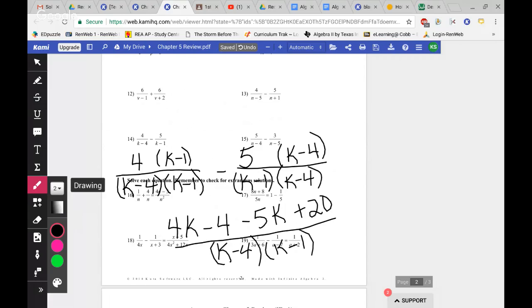Combine like terms, 4k minus 5k is a negative k. And negative 4 plus 20 is plus 16, all over the denominator that we made by combining both of the factors.